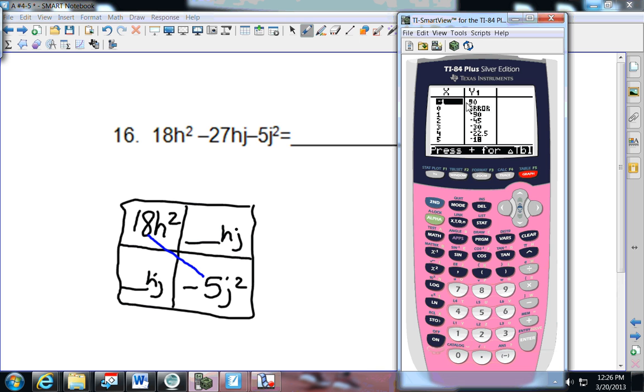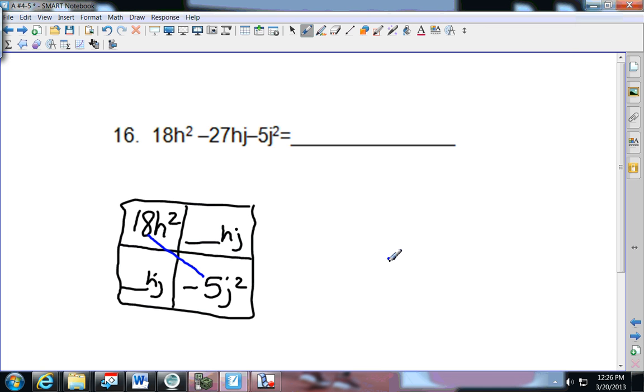As I add these together, I get negative 89, negative 43, negative 27. There they are right there, 3 and negative 30. So I'm going to put in here 3 and negative 30.